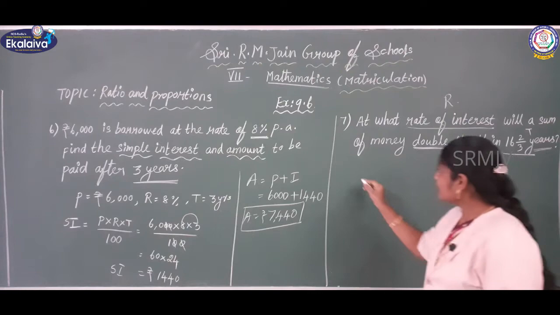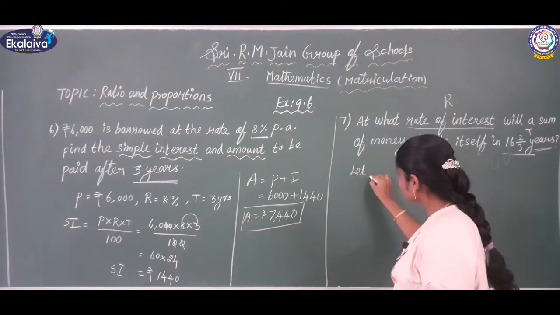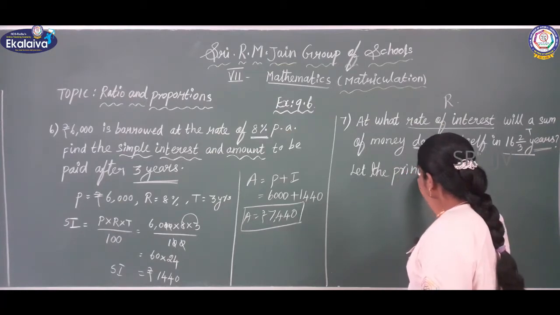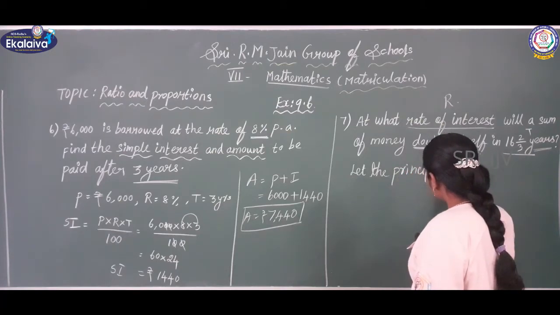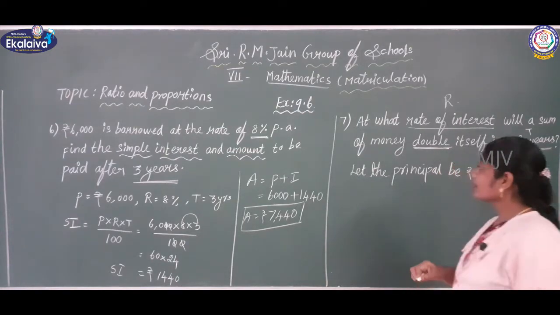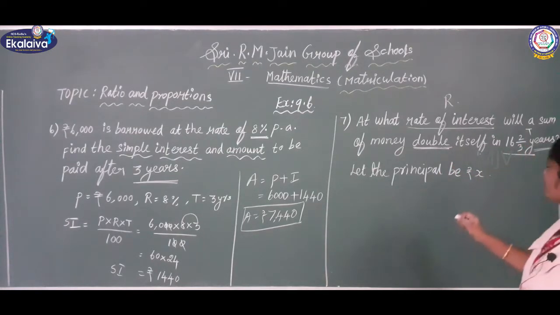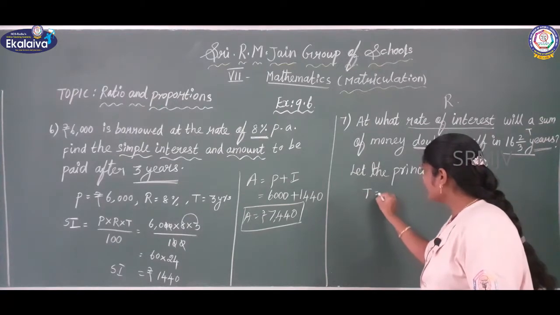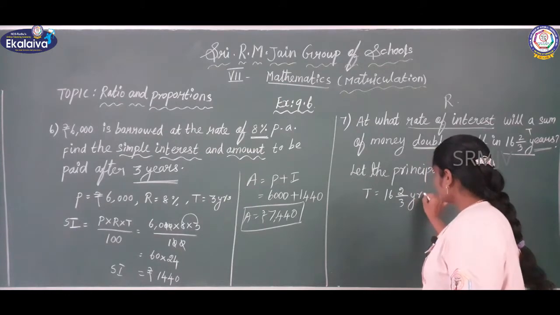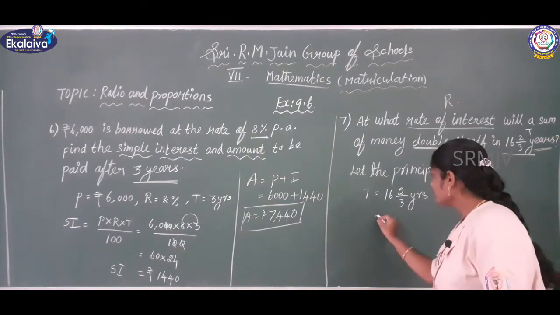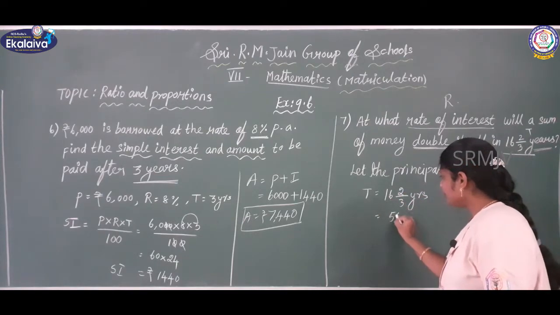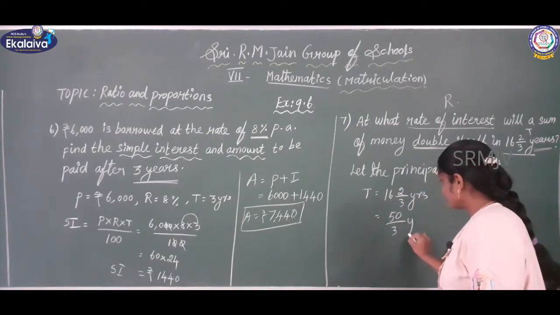Okay, so let us consider, let the principal be rupees x. Okay, then time is given, time equal to 16 into 2 by 3 years. Just convert into improper. 16 3s are 48, 48 plus 2 50, 50 by 3 years.